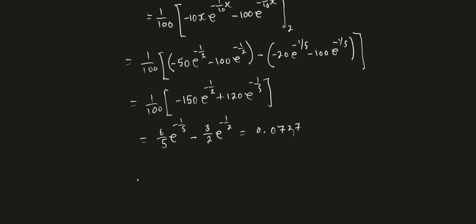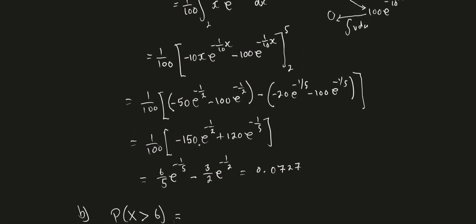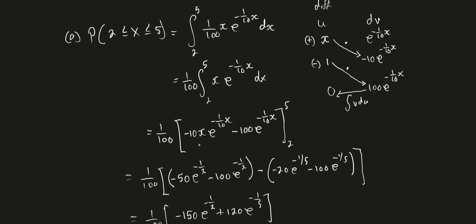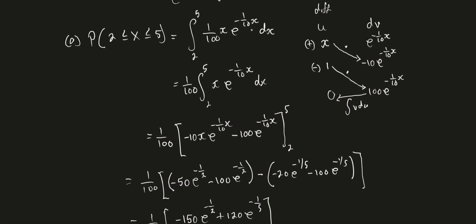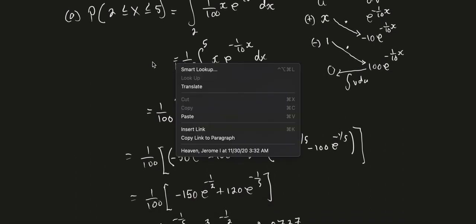Let's say we have another probability now. Let's say we want to find the probability that this random variable is greater than 6, right? Well, we have the PDF here, but now we'll be going from 6 to infinity since the sample space is unbounded on the right.